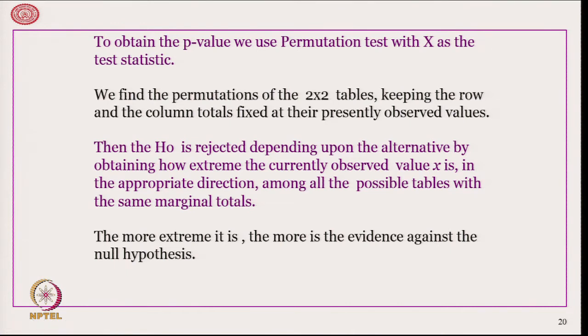Then H naught is rejected, depending upon the alternative, by obtaining how extreme the currently observed value x is in the appropriate direction among all the possible tables with the same marginal totals. The more extreme it is, the more is the evidence against the null hypothesis. I will give you an example, you will understand it right now.